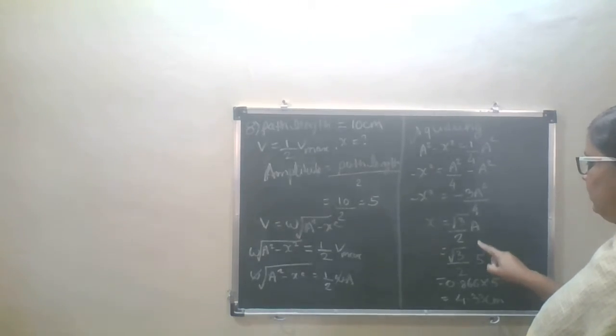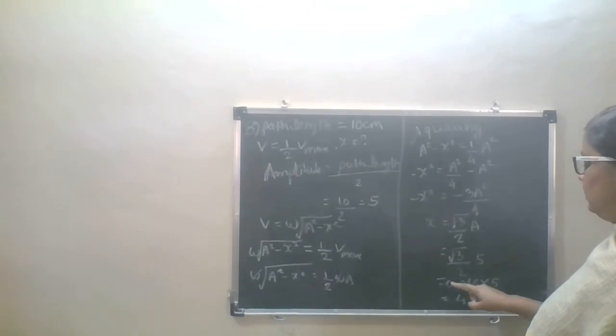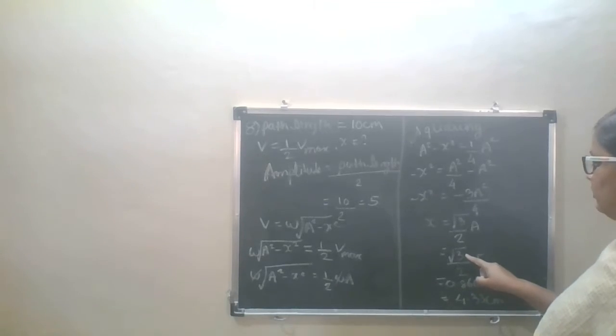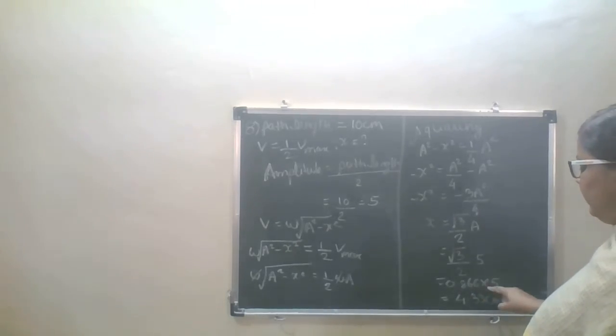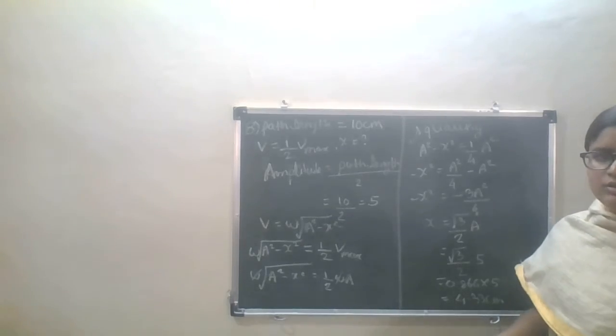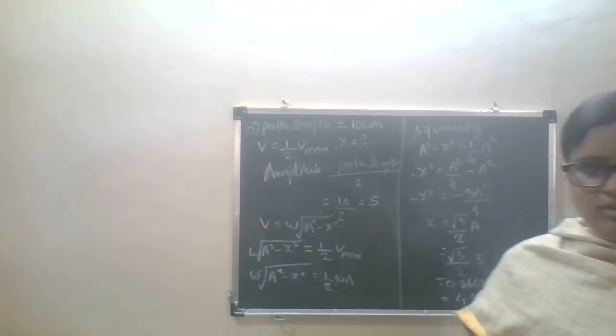The value of a is 5 here. The value of root 3 by 2 is 0.866, into 5 is equal to 4.33 centimeter, which is your answer of this question. Okay, got it.